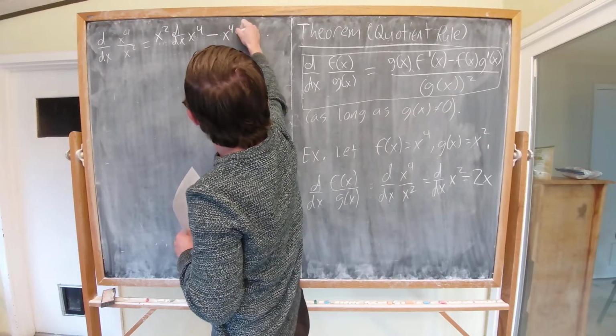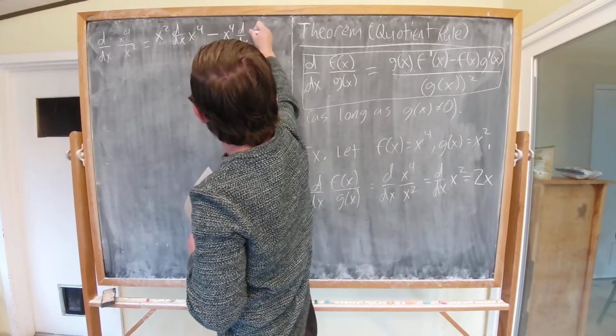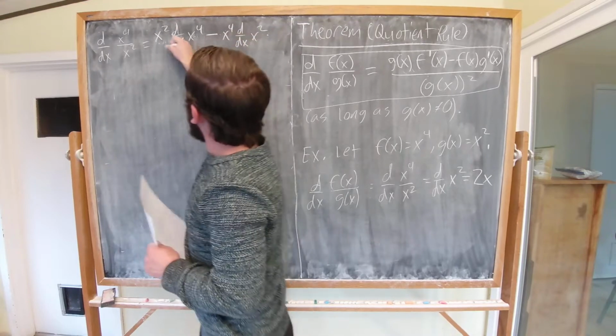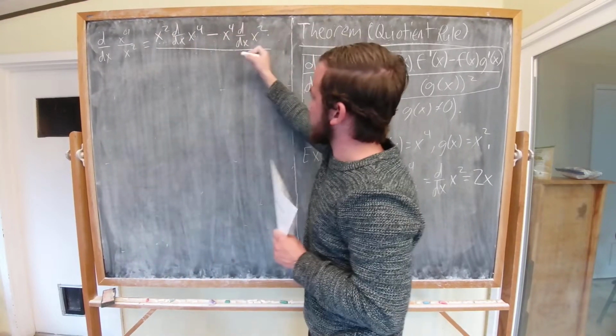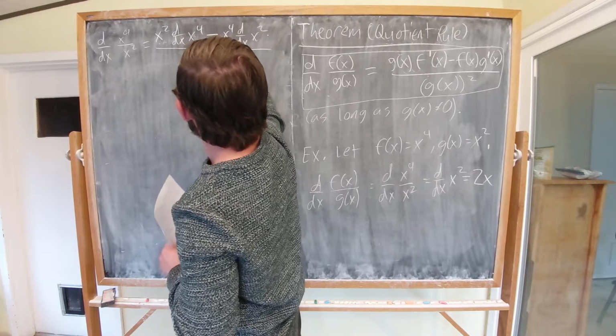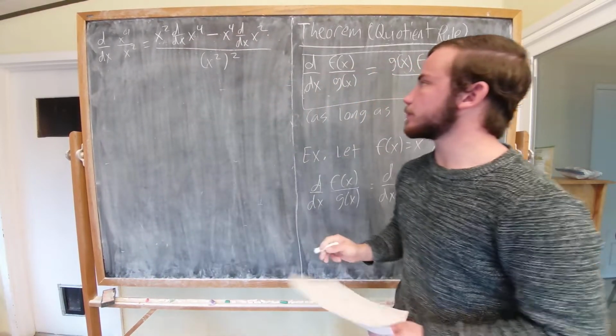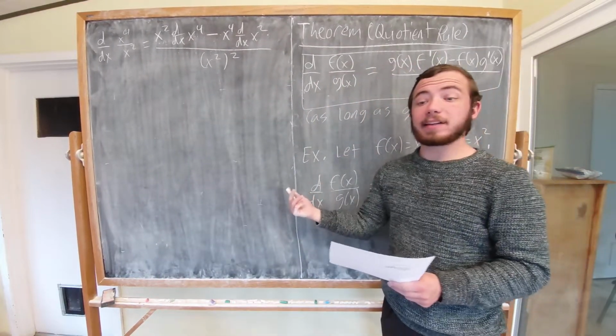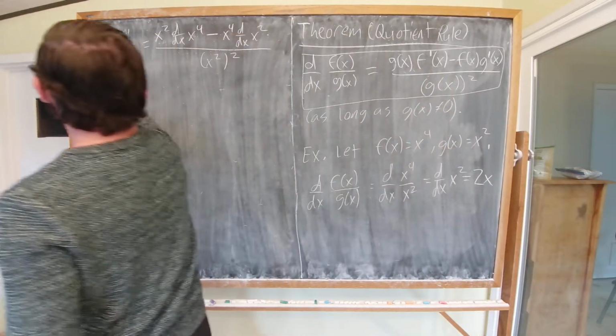So x to the fourth times the derivative with respect to x of x squared, all divided by the bottom squared. So x squared, squared. Okay, let's start computing these things and seeing that it matches up.